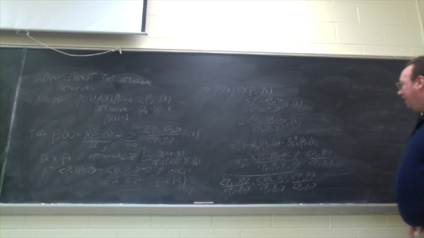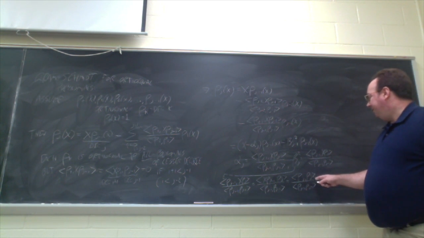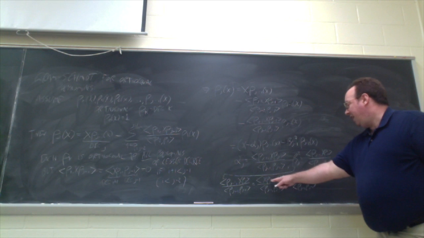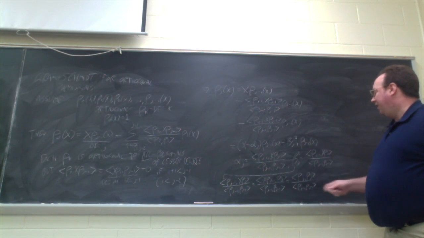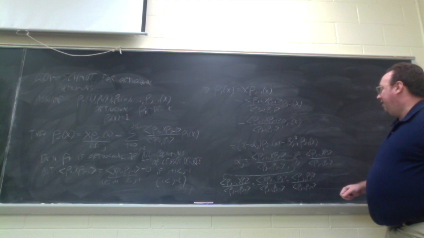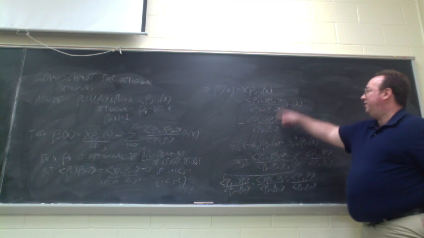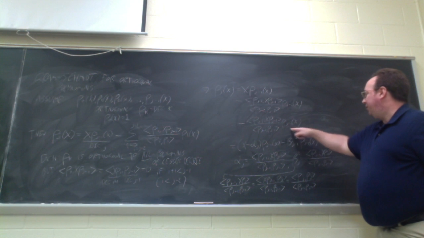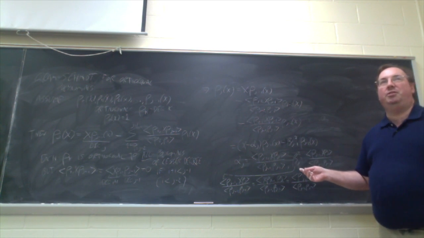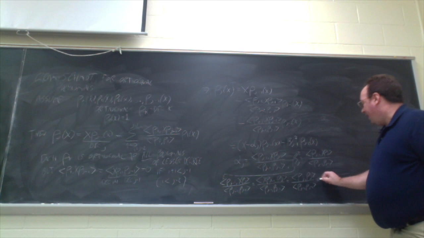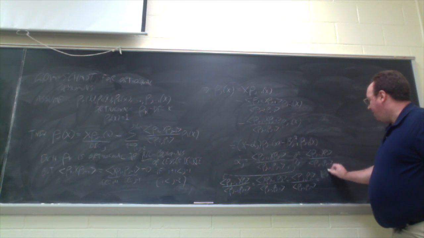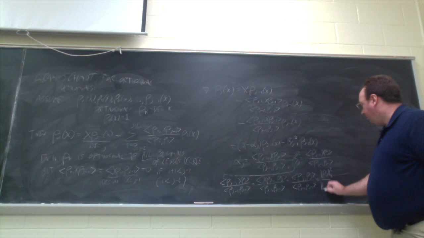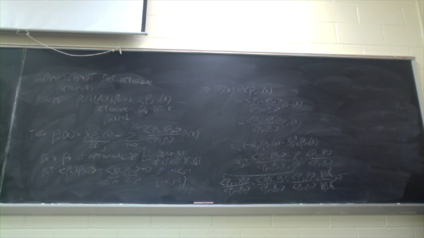So if I wrote out xpj minus 1 in full, I could write it as pj plus others, like plus these two terms. These are of lower degree than j, so the inner product of them is 0. And what do I have? This is the norm of pj squared over the norm of pj minus 1 squared, which is positive. So that's why I can call this something squared.